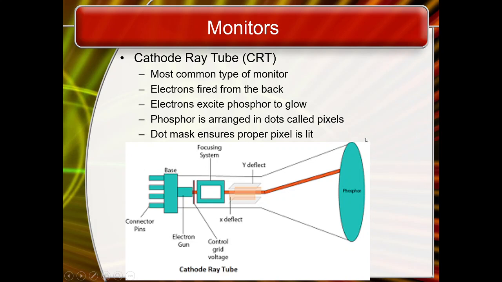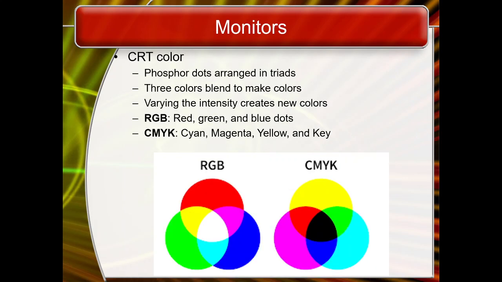In this CRT we can see the output screen was coated with phosphorus that is arranged in dots, and these dots are called pixels, and the dot mask ensures the proper pixel is lit. There are two schemes used in monitors.